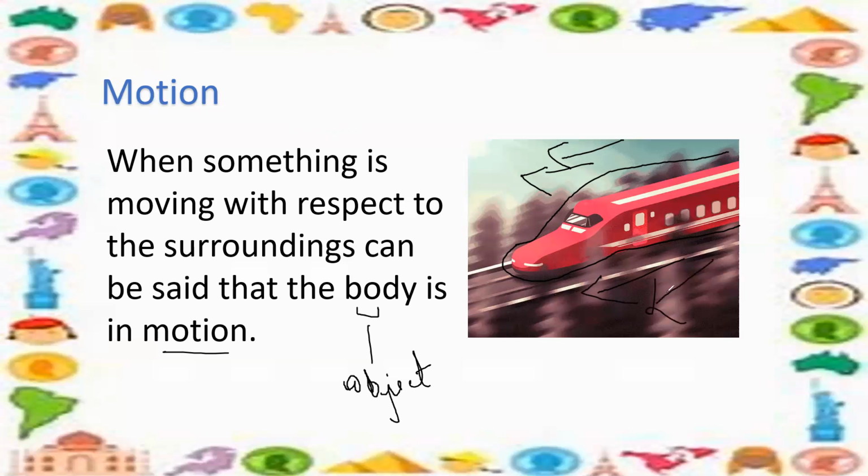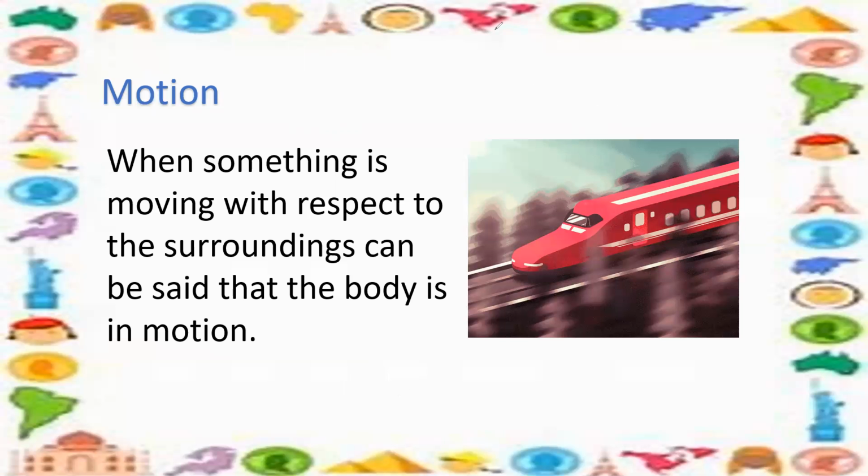So this train is moving, so it is in motion, but only with respect to its surroundings. These trees here are at rest for themselves. For the person who is outside the train, they can see the trees are at rest.